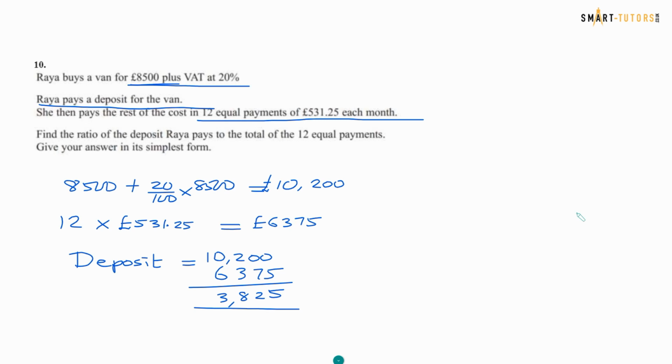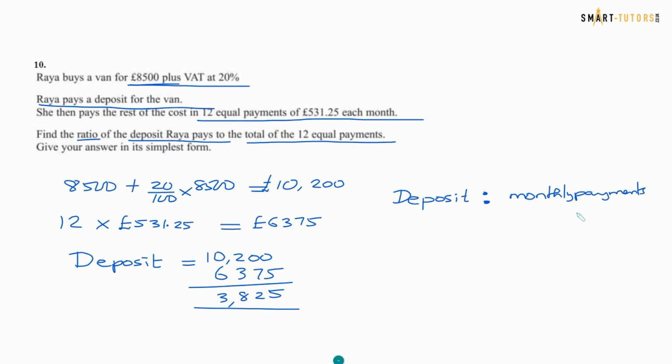Find the ratio of the deposit Raya pays to the total of 12 equal payments. So you need to read the question very carefully. The ratio they are asking is deposit to the monthly equal payments.